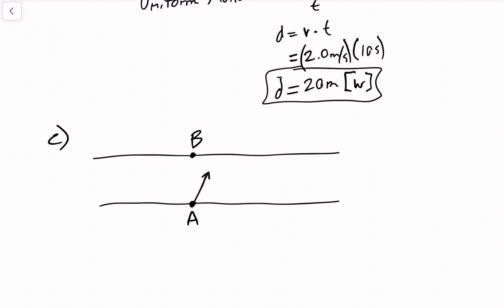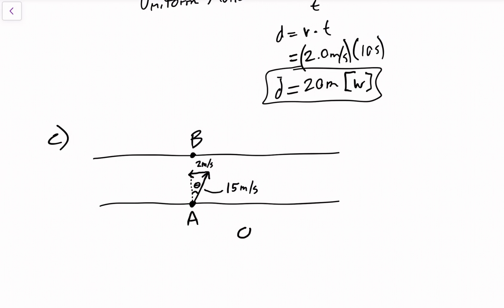Well, it turns out that we can calculate this direction because the magnitude of this part of our vector is still going to be 15 meters per second, because that's how fast the boat is moving compared to the water. We've still got a component of the velocity that is pushing the boat down the river at 2 meters per second. And conveniently, we can use those two values to figure out what this angle is here.